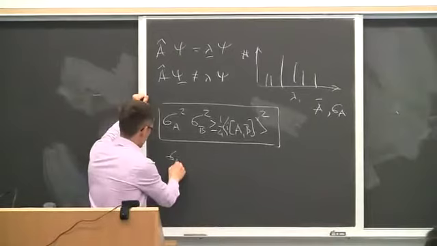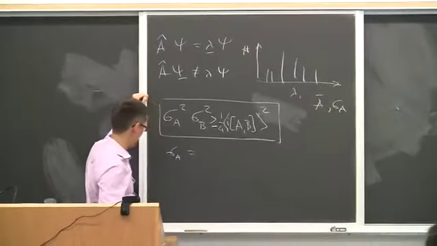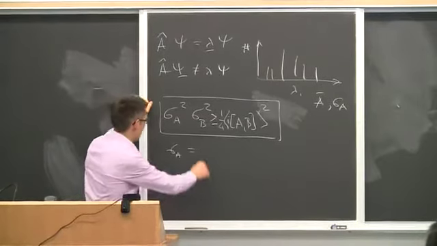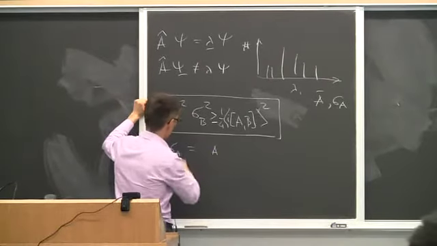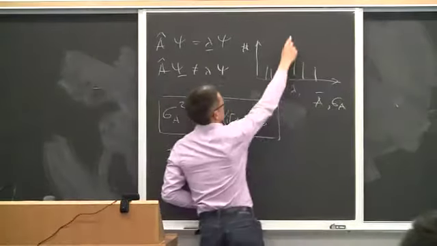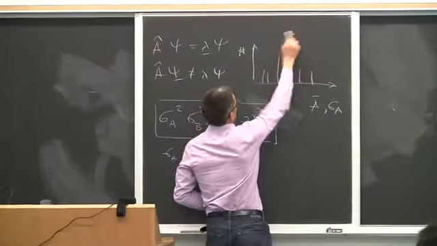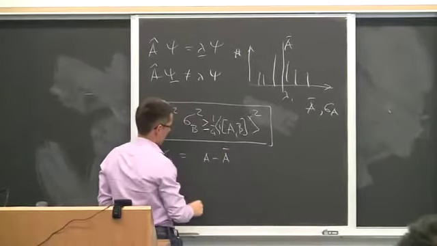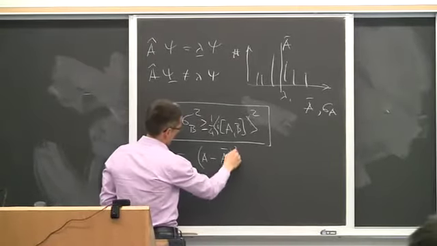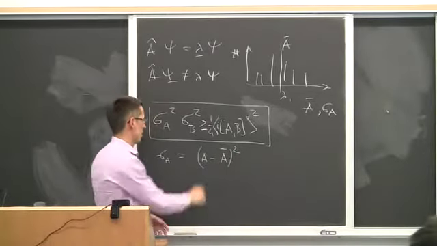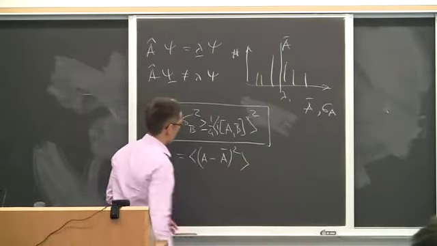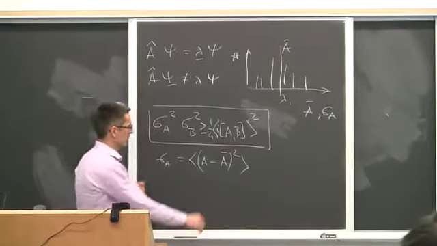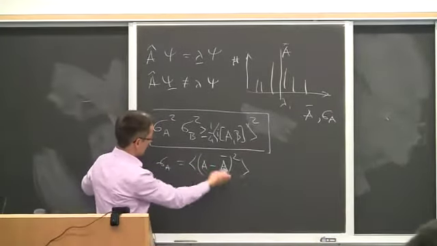And let me just define what sigma A is. You probably remember that from a statistics or similar course. What we usually do to calculate the deviation from some average value, right? We take A, we subtract the average A, and then we square it, because without the square, when we average, we won't get any non-zero value. And we need to square it and then average.